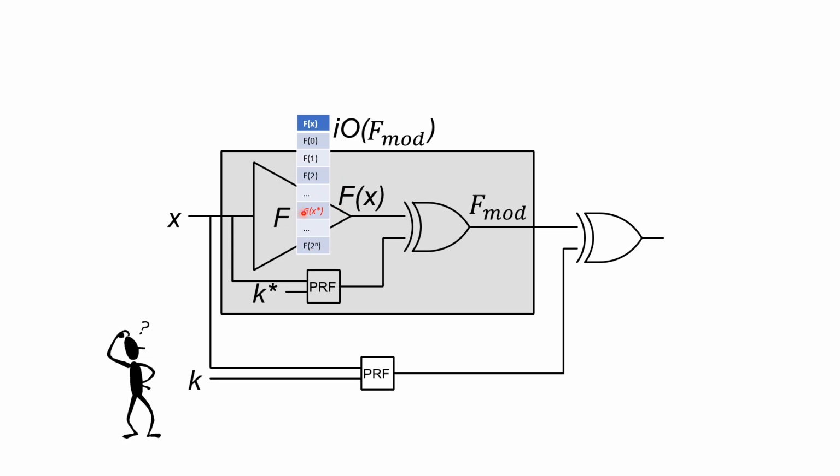So now we have shown that changing the output of F at one point should not be detectable by the adversary except with sub-exponential probability. All that remains to be done is to do the same thing for all points in the domain.